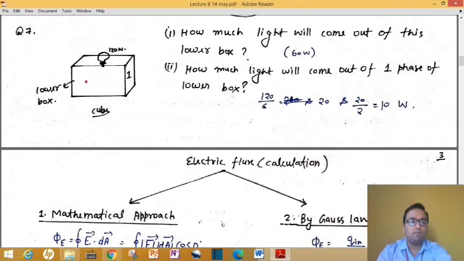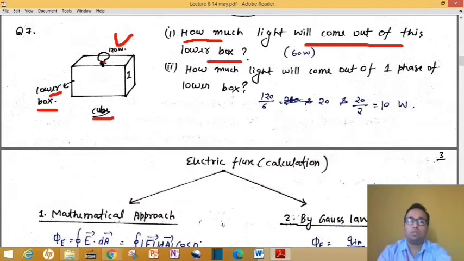This time we have a cube. Remember, we have a cube, and I am calling it a lower box, just for now. At this surface, at the center of the roof, we have the same bulb, 120 watt. My question is how much light will come out of this lower box?